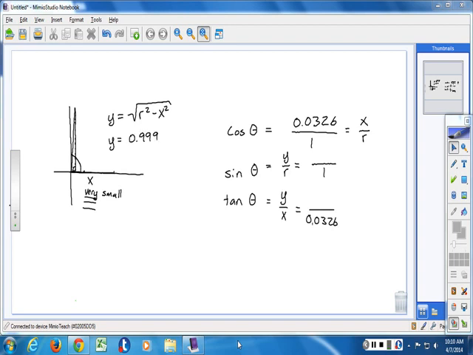Rounded, I'd say that's close to 1, but let's keep the 0.999 there to make sure we're keeping them straight. And that's our y value. So if the sine of theta is 0.999 over 1, what's any number over 1?